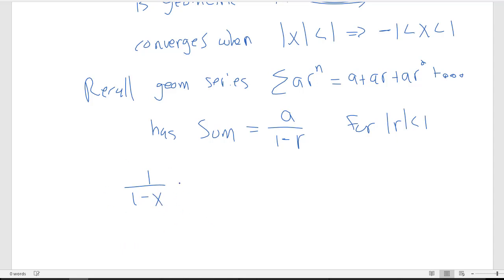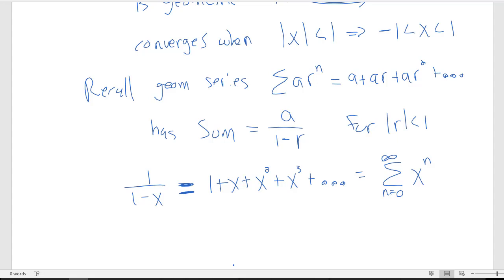So here's the sum of my series, 1 plus x plus x squared plus x cubed plus dot dot dot. The sum of the series x to the n from 0 to infinity is 1 over 1 minus x. All right, now what does that mean?